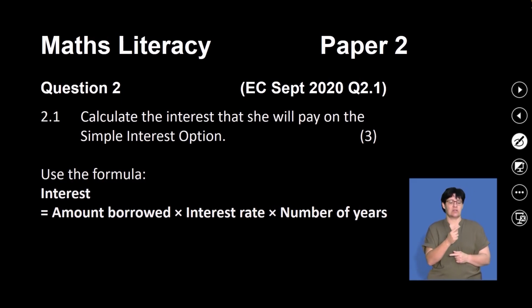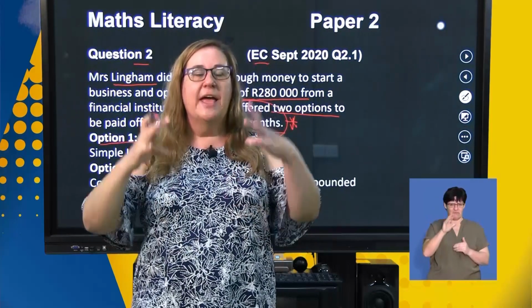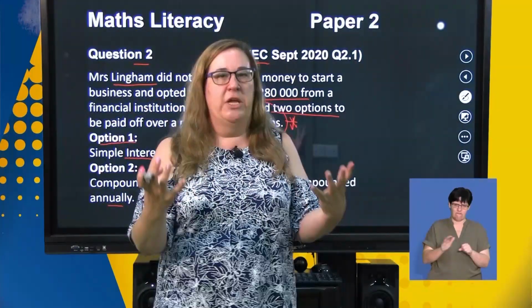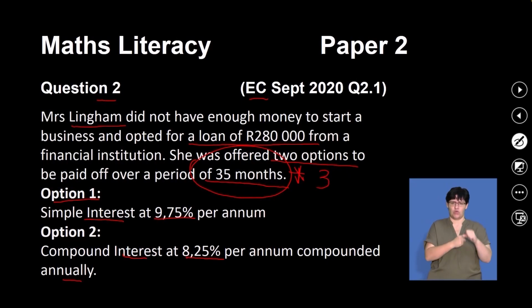It says calculate the interest that you will pay on the simple interest option. Right, so going back to our calculation, there's 35 months. I know that 35 months is not a full 3 years, because I know that 3 years is actually 36 months.